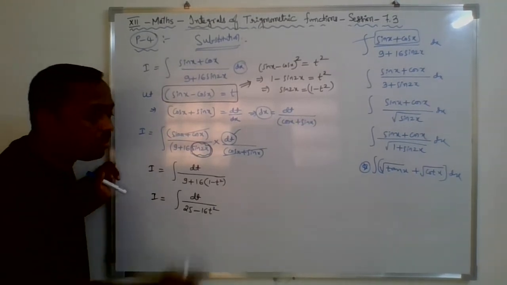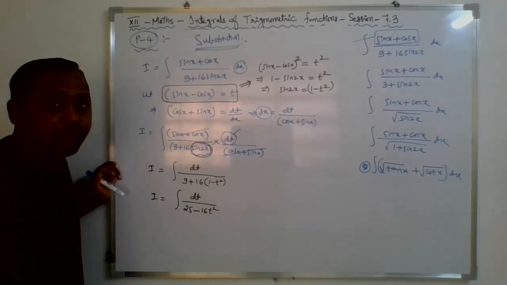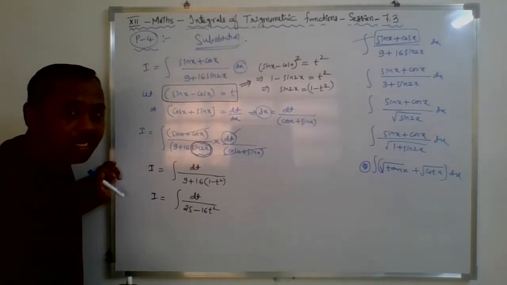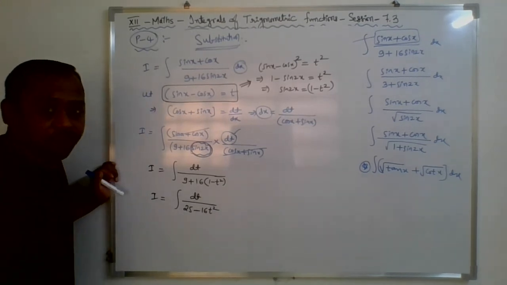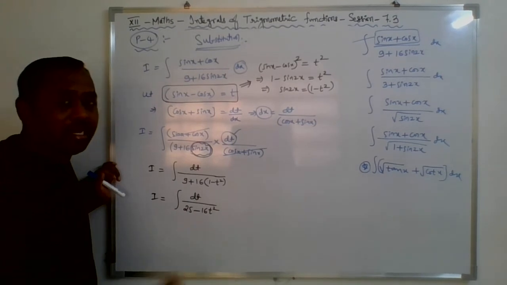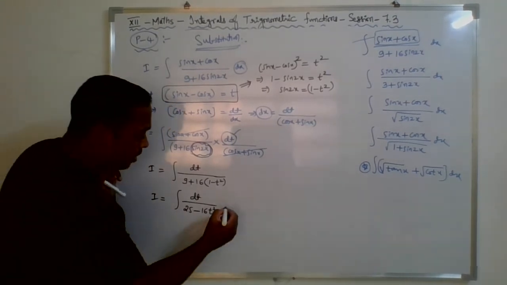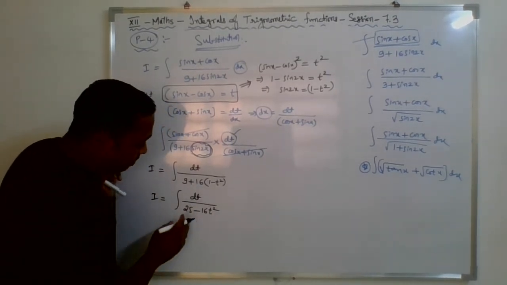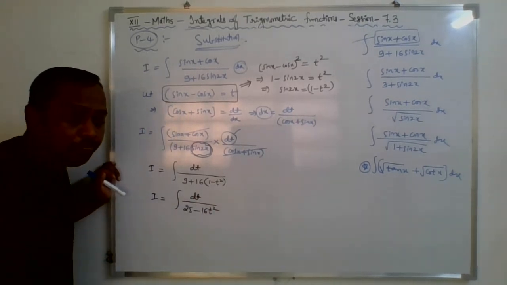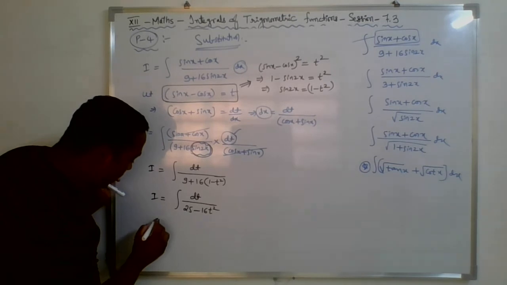You might not have studied this formula before. If you have studied, well and good. If you have not studied, we'll study further when we deal with the algebra of the function in the next exercise. Basically, this pattern becomes the a square minus x square formula. I am just completing this sum for the sake of convenience.